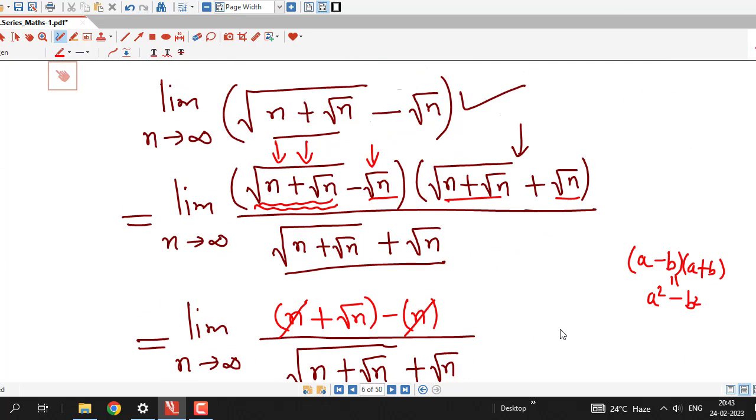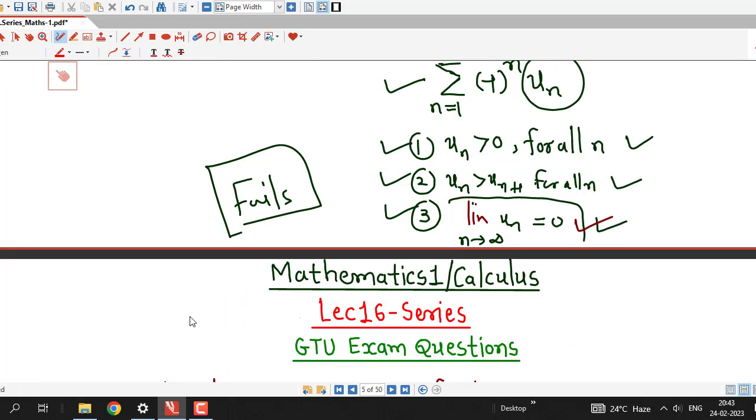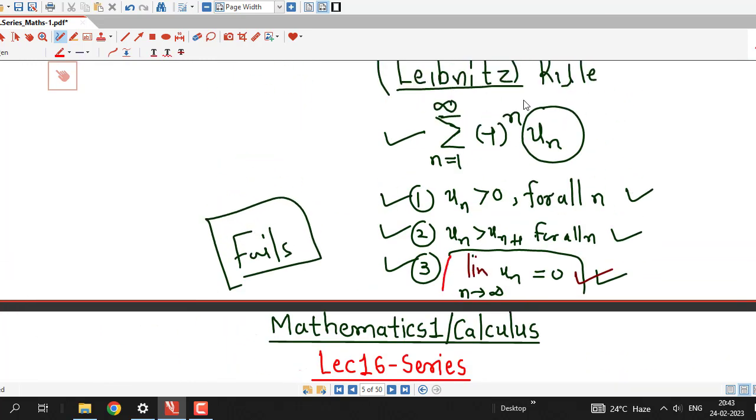That means the limit of this quantity is 1, that is it is different from 0. So this third condition is not satisfied. If we have alternating series sigma minus 1 raised to n times un, then we must have limit of this un equal to 0.